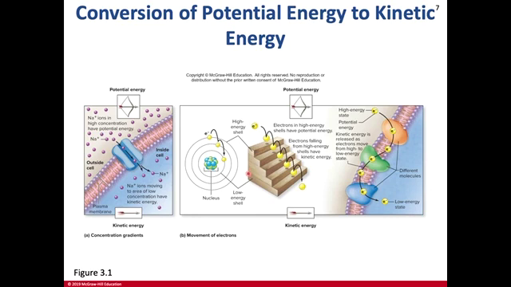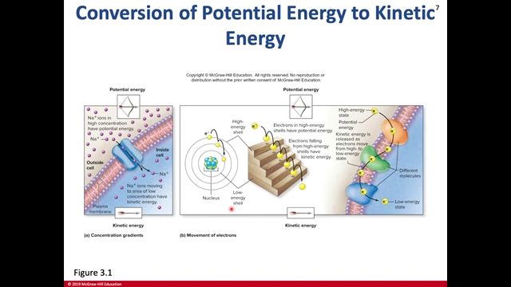That can be used to do work as well. You can also see electrons changing their location as they move through something like the electron transport chain in the inner mitochondrial membrane, and that energy gets trapped by the enzymes that are embedded in the membrane, and it'll be used to create the proton gradient across the inner membrane that can ultimately be used to do work.